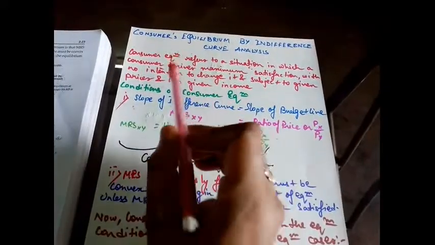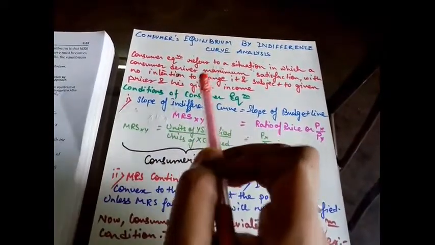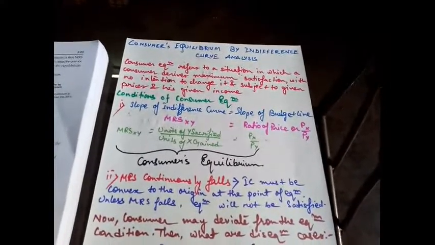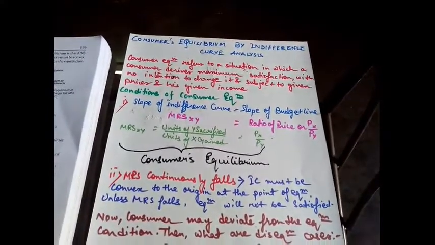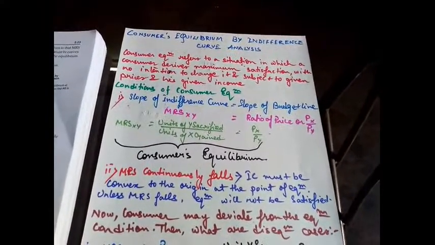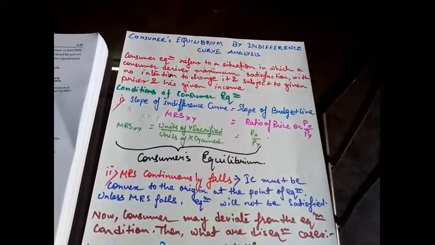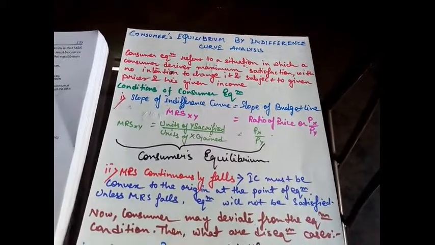So a consumer will be in equilibrium, will be satisfied, when first of all he is happy with his good, and second of all he is able to purchase that particular good with the income which he has.